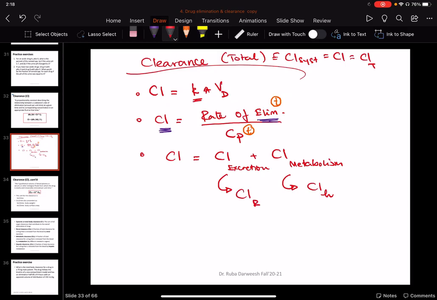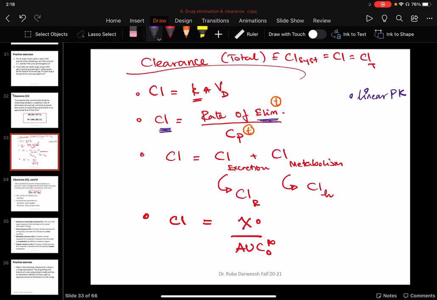Okay, and we also said that the clearance would also be equal to the dose over total area under the curve. And this is what we mentioned for now when we were talking about linear kinetics or first order kinetics, and we were talking about the IV bolus one compartment model.